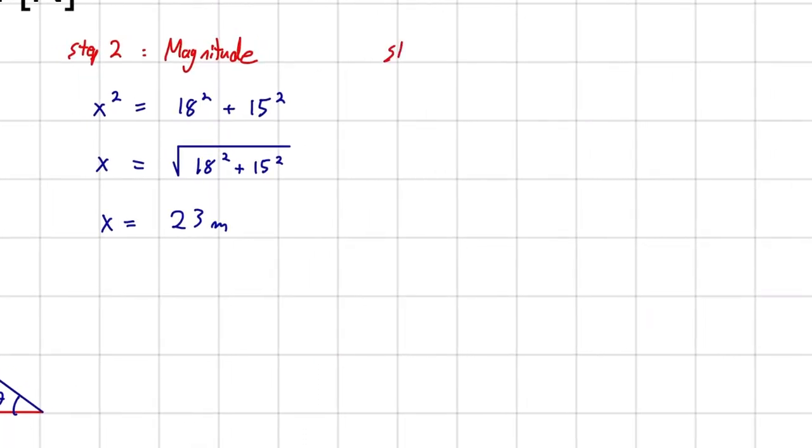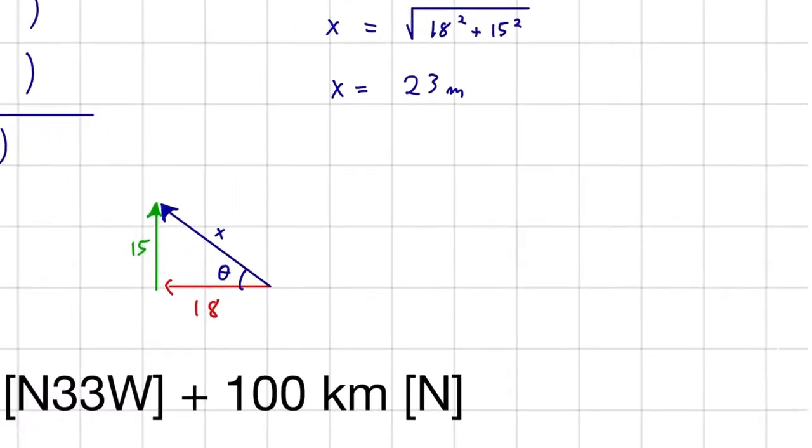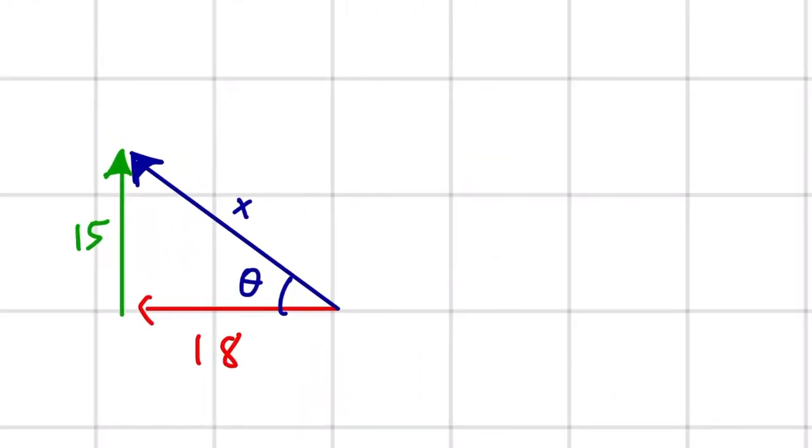Then step 3 is to find the angle. Step 3 is the angle. So before I start writing here, how to find the angle theta? Well, if we look at our SOHCAHTOA, I want to use these two sides here.